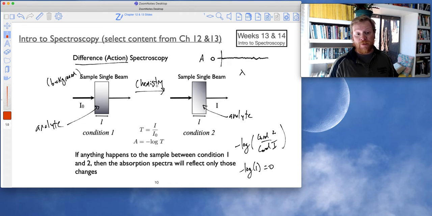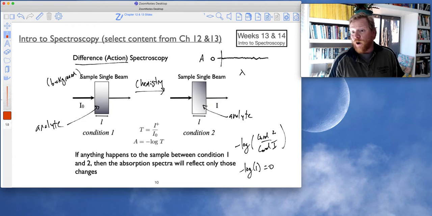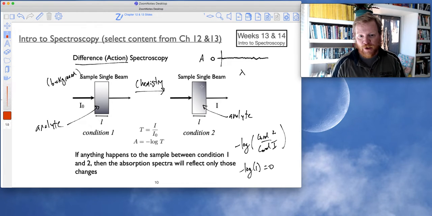That could be accomplished by some convoluted apparatus that allows us to flow reactant molecules into that cuvette, or it even could be something as simple as just spiking our sample with something in between these two conditions, if that doesn't give an appreciable volume change. Suppose we just spike, like, 1 microliter of a reactant, that won't have changed the volume all that much. And so we'll see some chemistry happen.